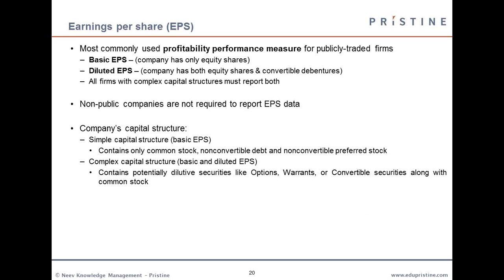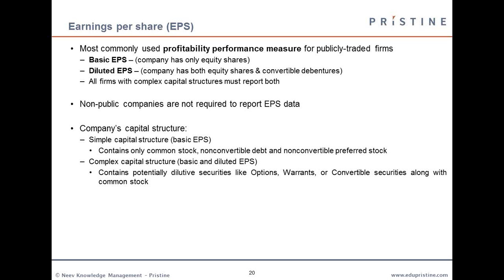The things that the company issues come under the capital structure. If a company has a simple capital structure, it has only common stock, non-convertible debt, and non-convertible preferred stock.